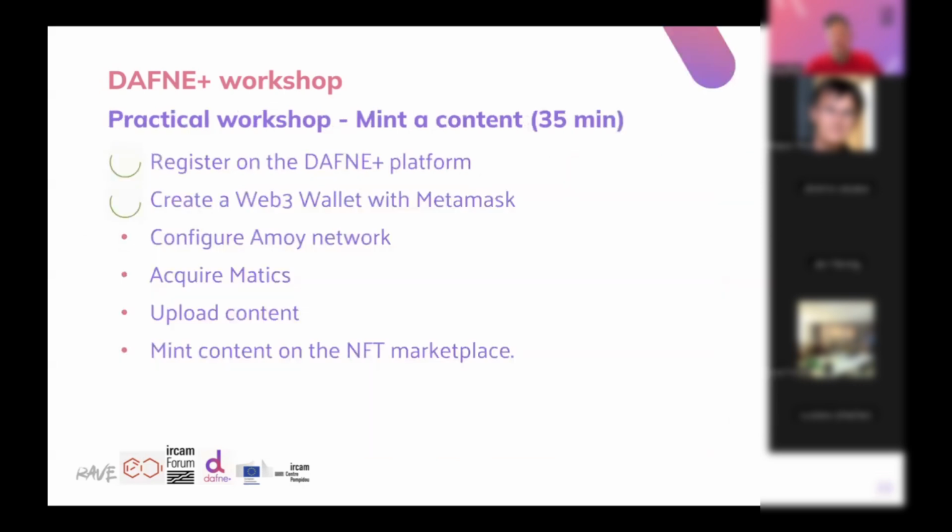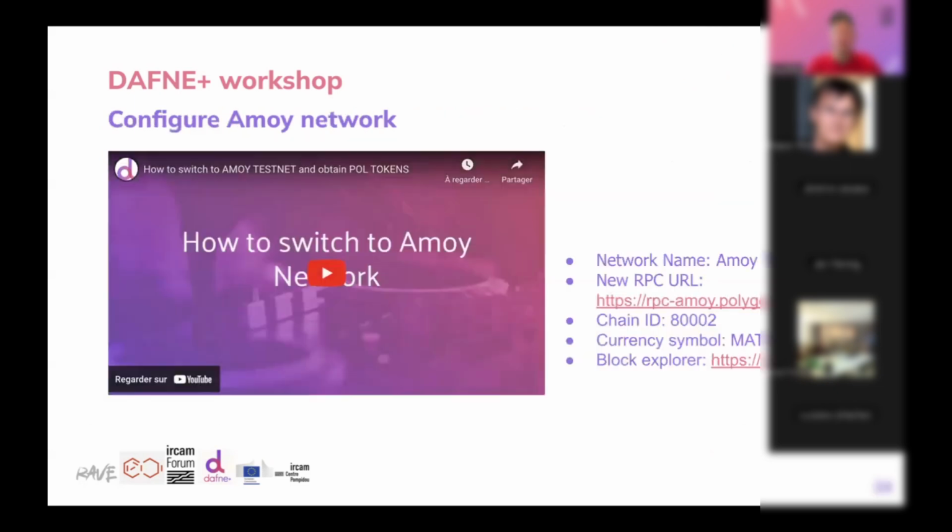So this is the Amoy network, and with MetaMask, you're free to engage with other networks, which is out of our responsibility, but we will now ask you to engage with this research Amoy test network to be able to use this cryptocurrency, which is again not convertible into real money.